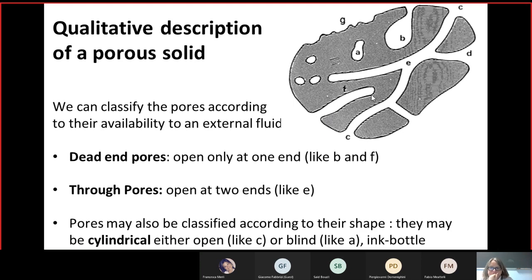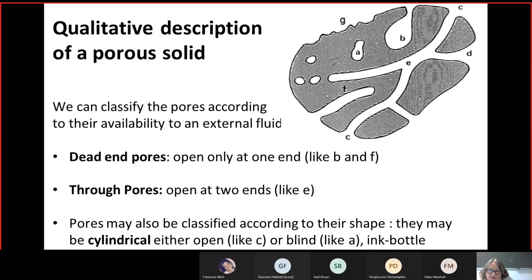And then we have through pores, like this one here, E, that goes all the way through the material. And again, you can have gas diffusion through that. It doesn't necessarily dead end, as it does in the case of this or this kind of pore. So dead-end pores are only open at one end, and through pores are open at two ends.